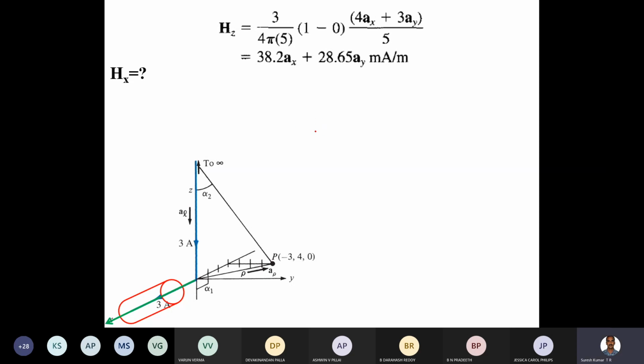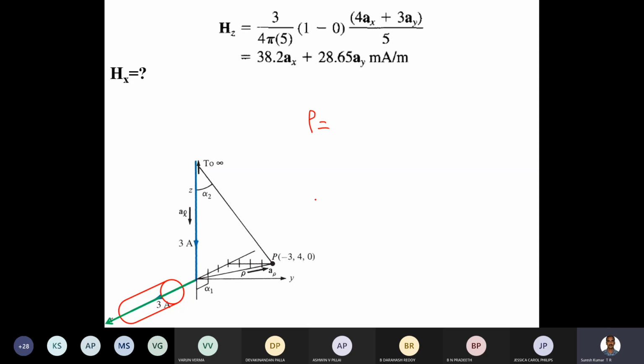Now, as usual, first give me the value of rho. The horizontal element is highlighted with the green color. What is the radial distance between the horizontal wire and the observation point? For your benefit only, I have inserted this cylinder. What should be the radius of the cylinder?